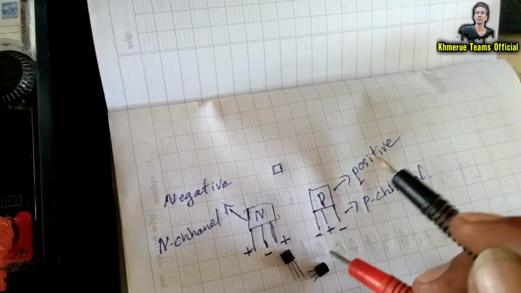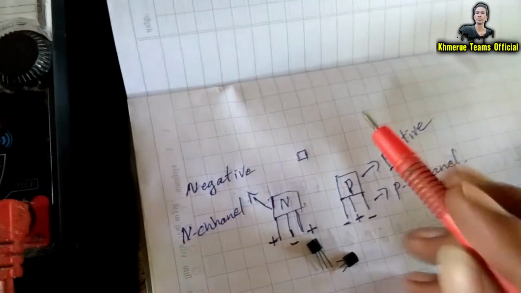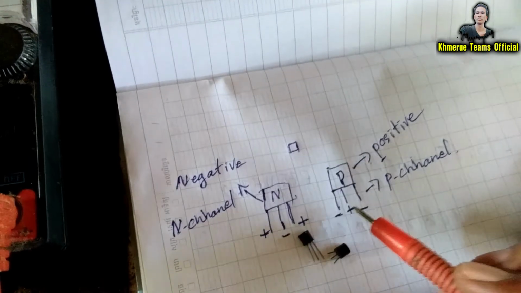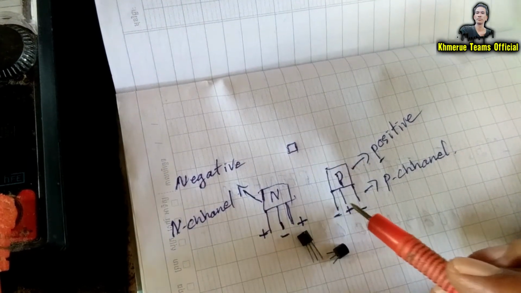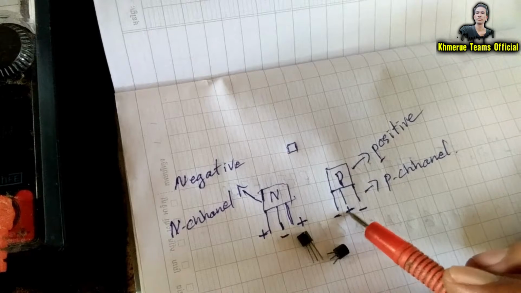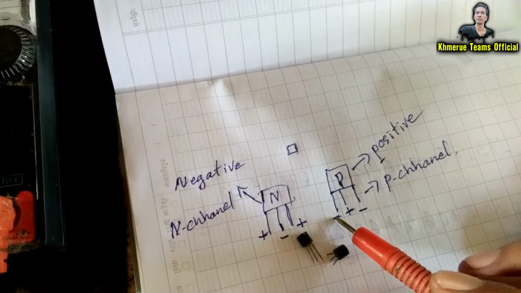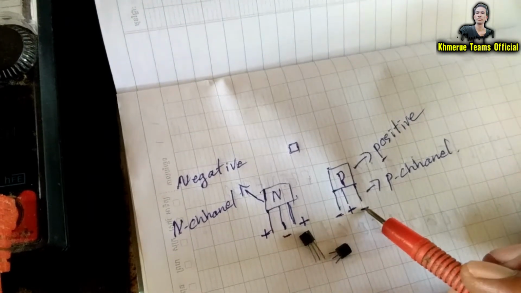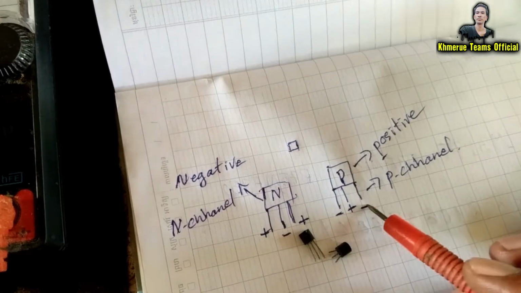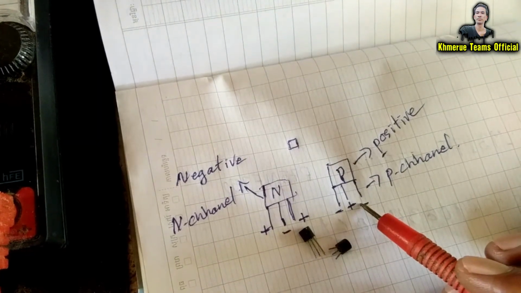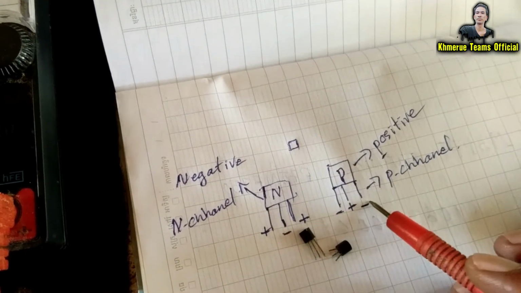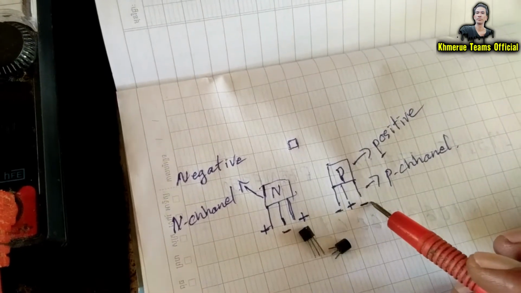For the positive, we have the red inside, just like this. Here is the cross mark, and here is the ground, or we can say it is a mass or ground here.